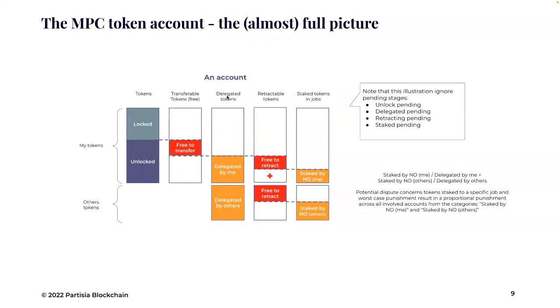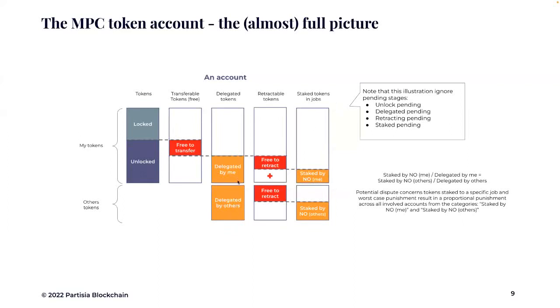And then you have these delegated tokens. A delegated token is what you can put to work in jobs if you are a node operator. You can be Baker, ZK nodes, and Oracle nodes. So you put them to work in real jobs. In these real jobs, they are operated as stakes, so you cannot retract tokens that are in use in actual jobs.